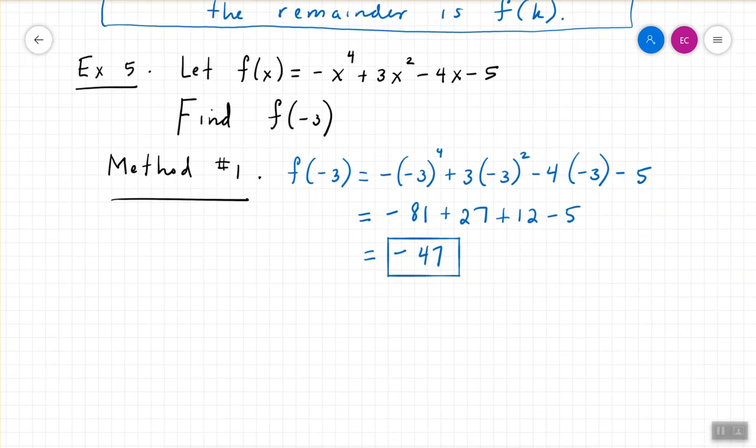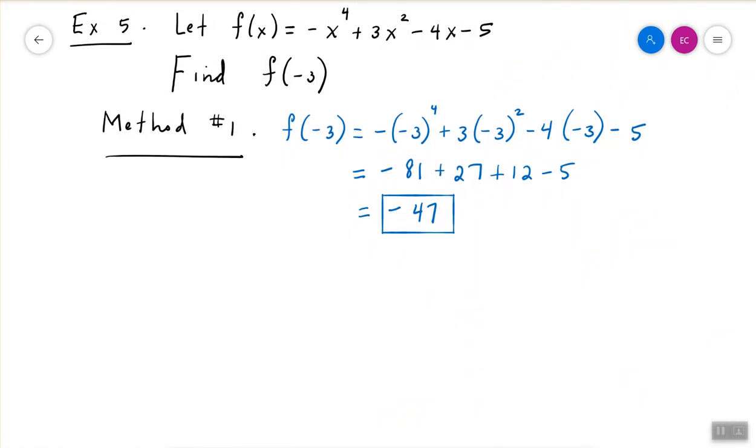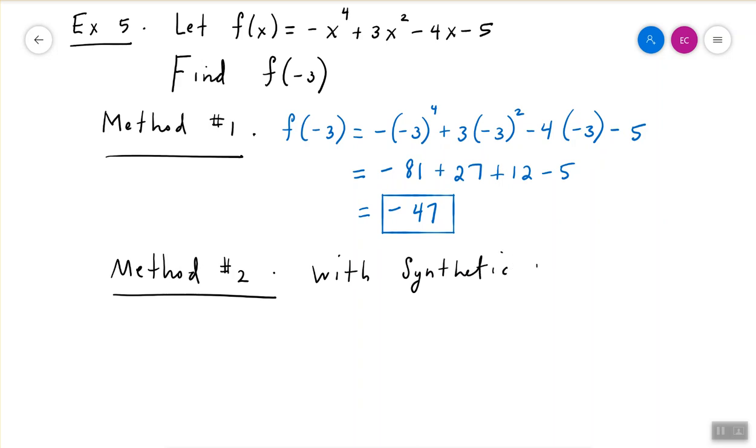The big idea now is the new way to do it. The new way to do it is with synthetic division. And so f of x is the dividend. It goes under the house.